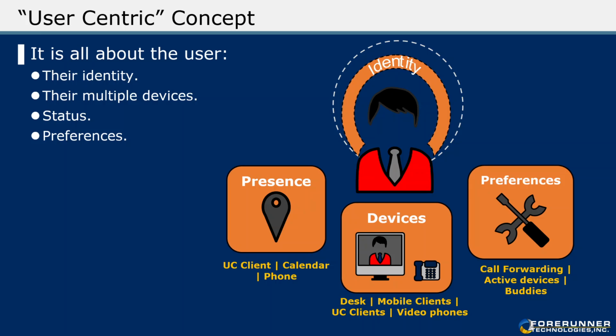Inform Voice uses the user-based approach, where everything is about the user, the user's identity, the user's devices that he might own, one or multiple devices, the user's presence status, if he's on the phone or not, or if he is on a meeting, and the user's preferences.